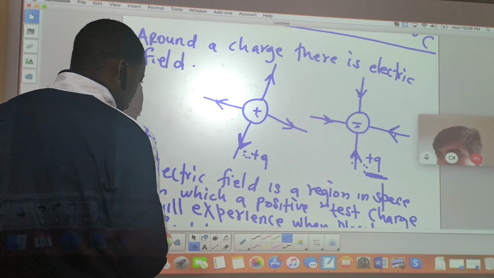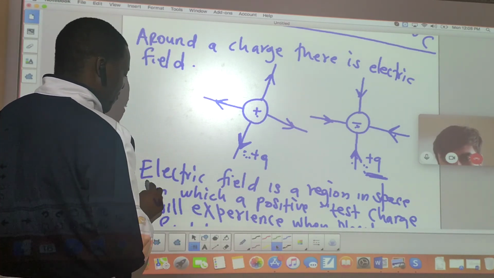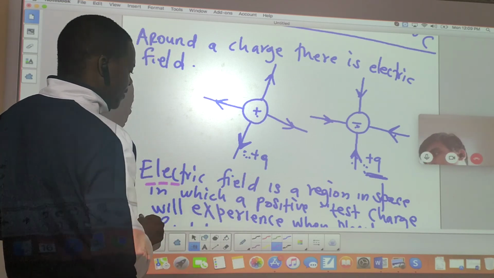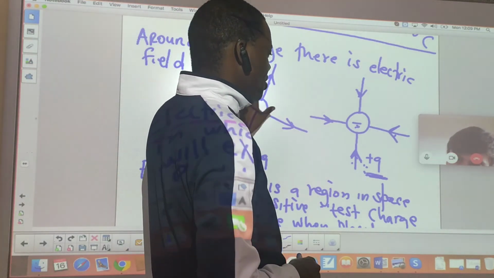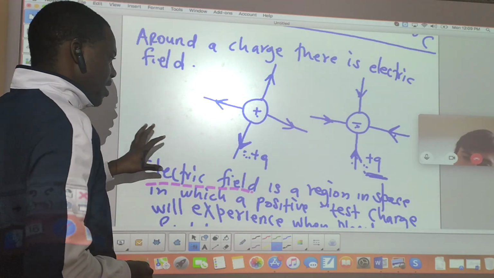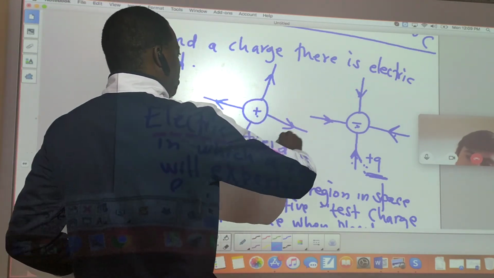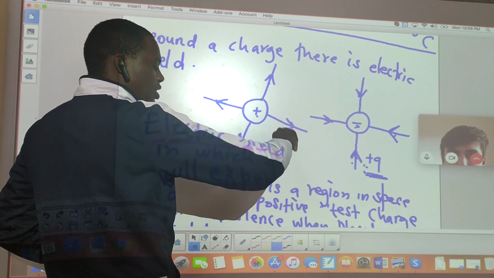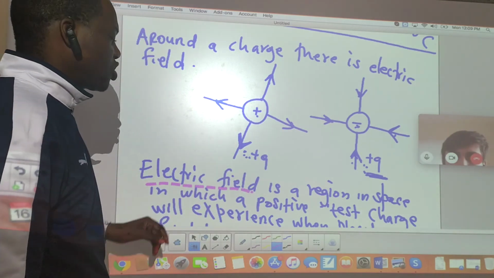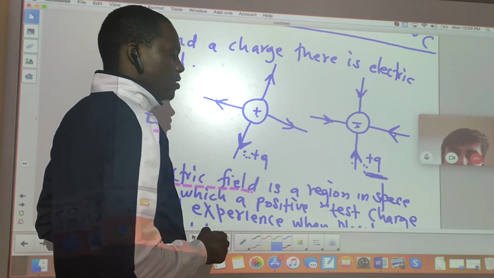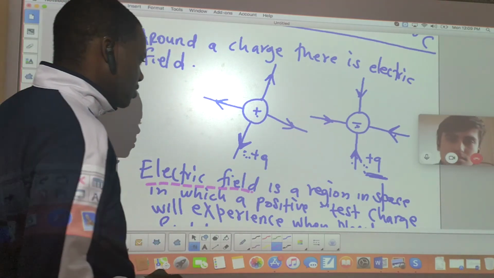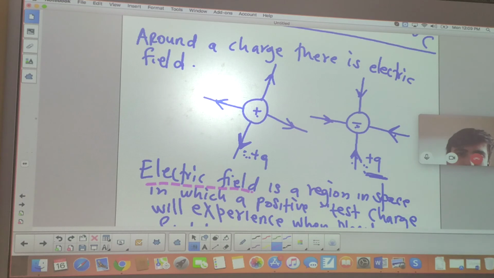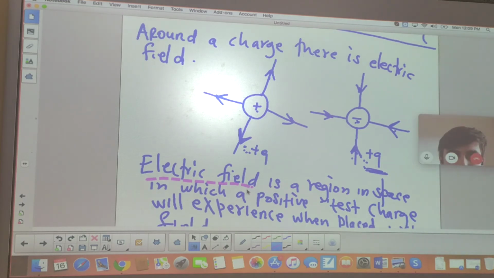Yes. All right. So now the question is, how can we define the electric field? Electric field, we say that it is a region in space around the charge, where a positive charge will experience a force.